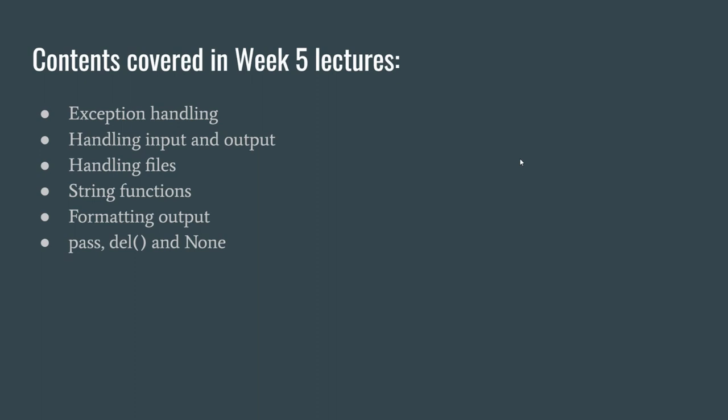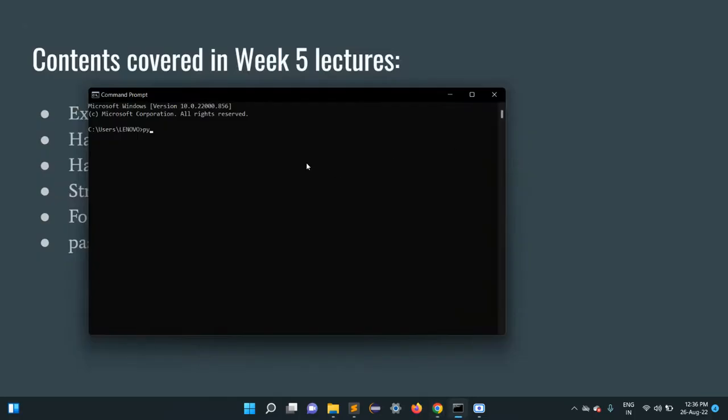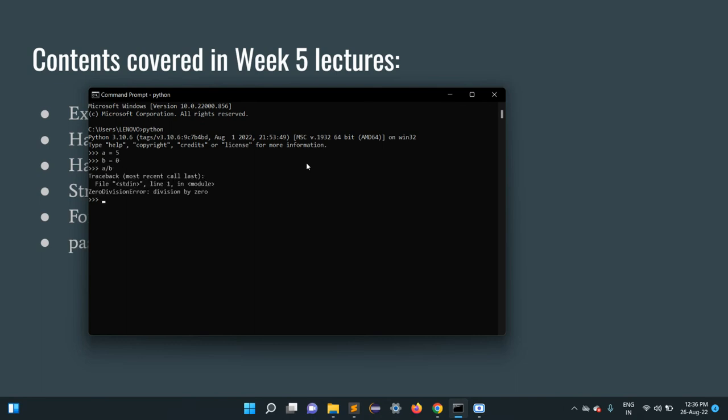As covered in the lectures, you have to use the try and except block. Let me show you a small example. Suppose a is equal to 5, b is equal to 0. When I do a by b, we get this zero division error.